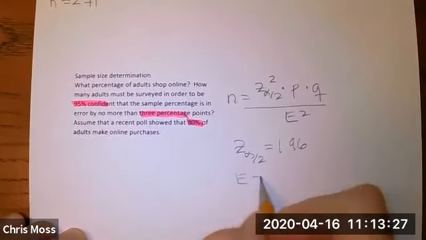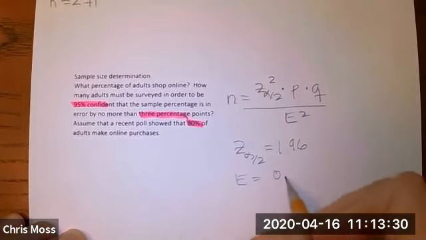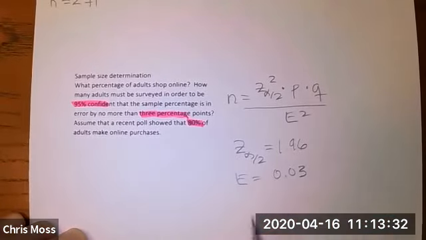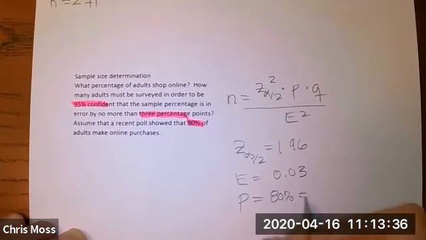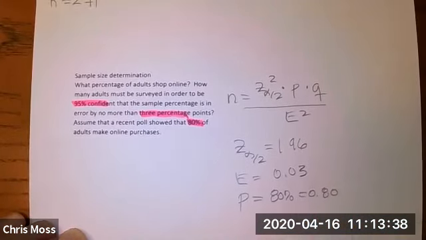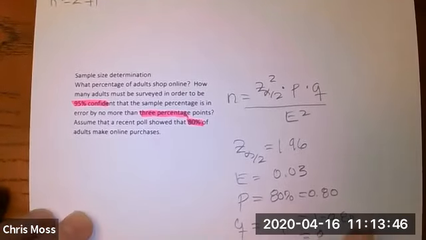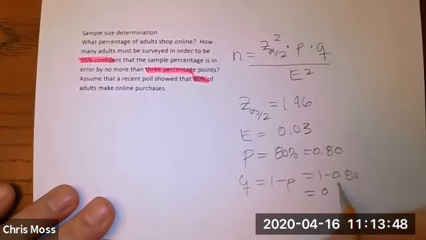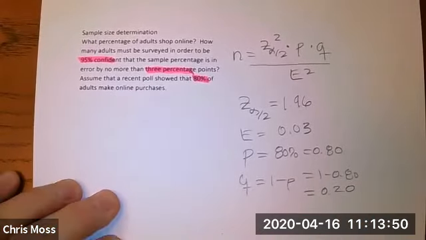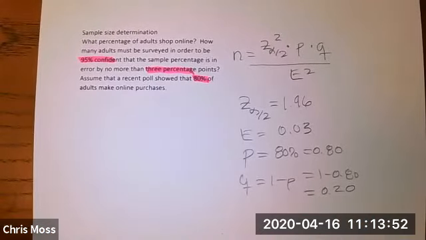My margin of error, 3 percentage points, 0.03. P, 80%, or 0.80. And I'll remember that gives me Q also. And there we go. So now I've got everything to plug into my formula.